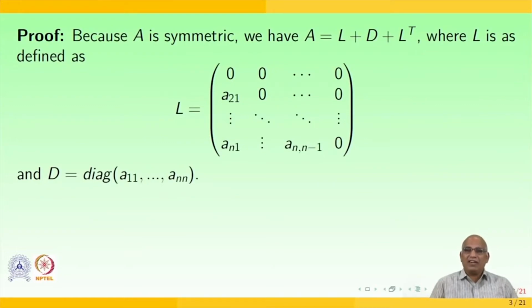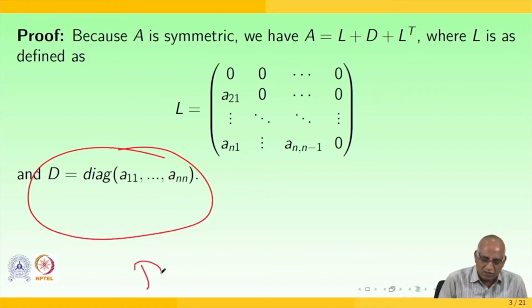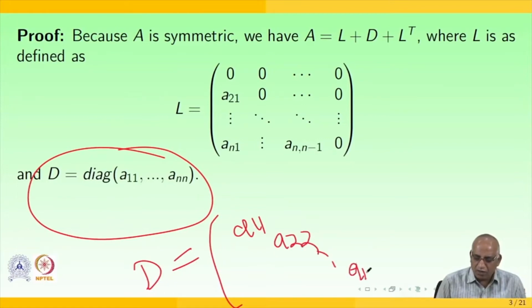Because A is symmetric, we have the coefficient matrix A is equal to L plus D plus L transpose, where L is the strictly lower triangular matrix with entries A21, ..., AN1, AN2, ..., AN minus 1, and the diagonal D is equal to diag of A11, A22, ..., ANN.